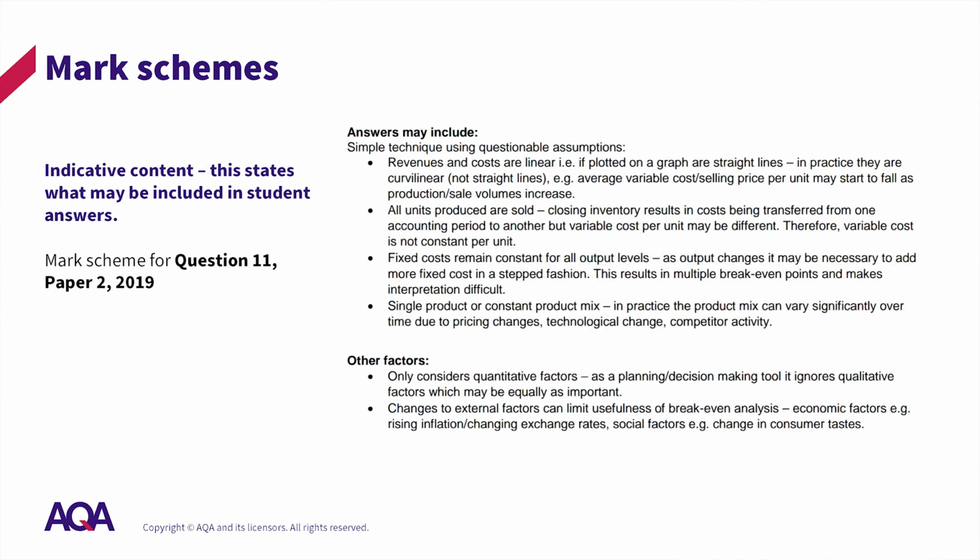Indicative content lists are also included in level of response mark schemes, and these denote items that may be included in answers. It's important to note that an answer does not have to include all the indicative content, and they're not exhaustive, so a student could include something that's not listed, and assuming their answer remains correct and relevant to the question, they still receive the full range of marks available.